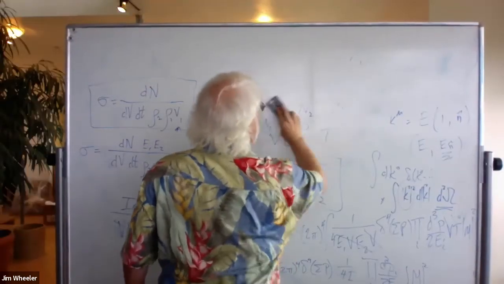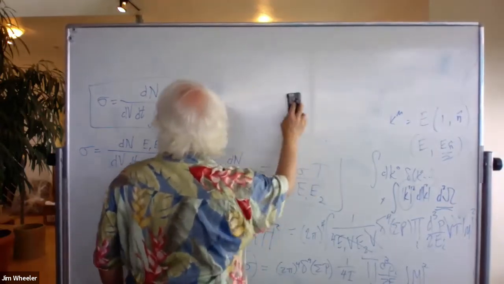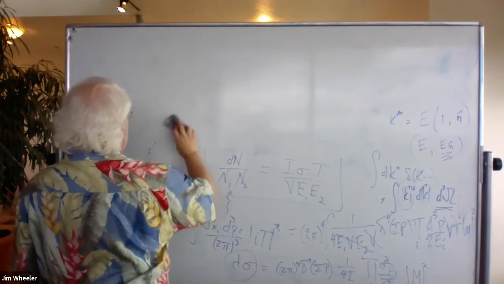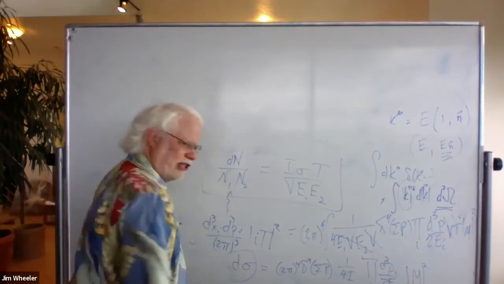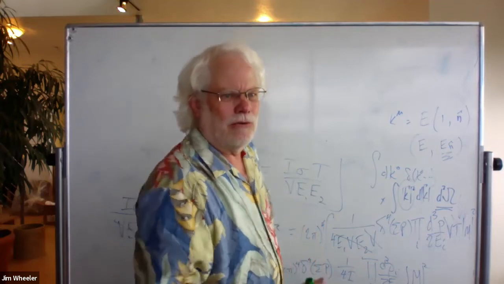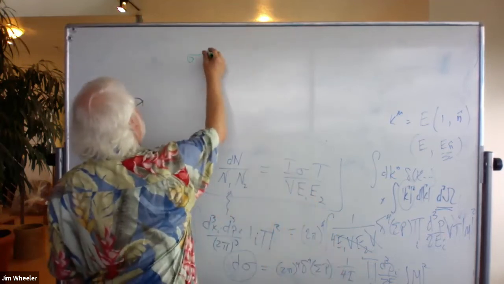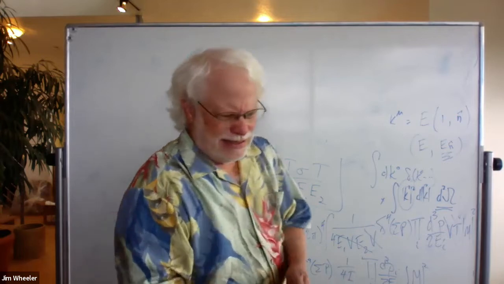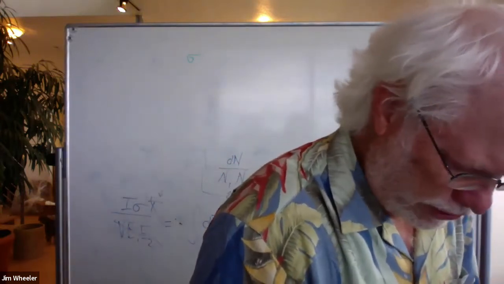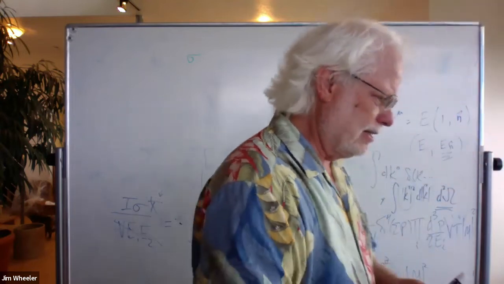So what we can do is write the total cross section, and that's straightforward to do. And then to get the differential cross section, you just don't do some of the final integrals. So we can write the total cross section. I got some new markers here somewhere.